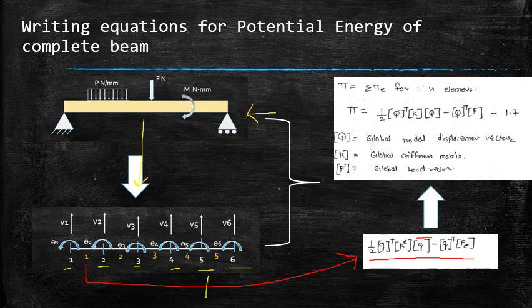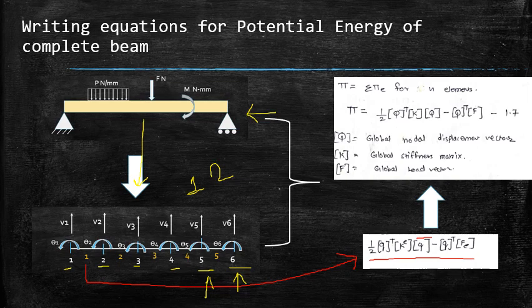Node number 5 and node number 6, but these are the global node numberings. Remember, every element has only two local nodes, for a beam, I am talking about a beam. Every element has two local nodes, which are always denoted by local node number 1 and local node number 2, irrespective of its position.